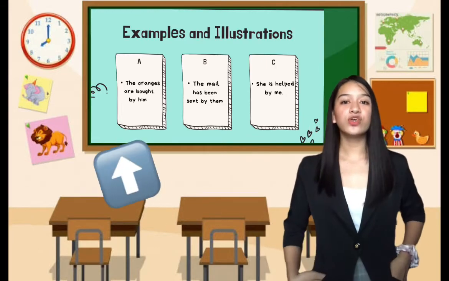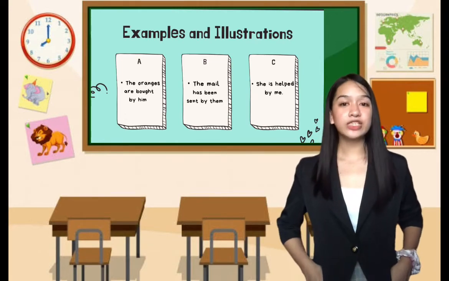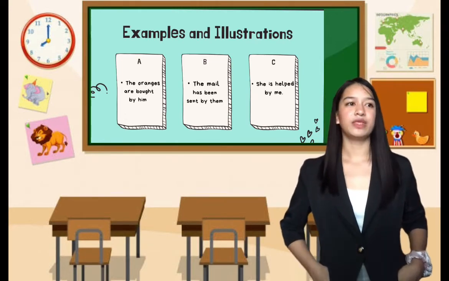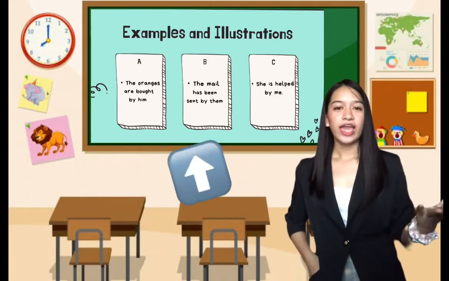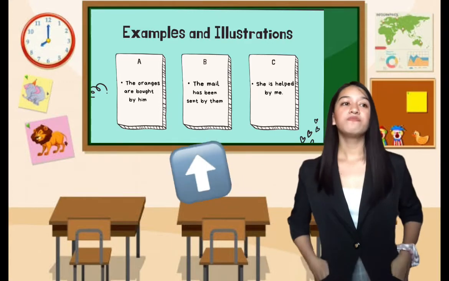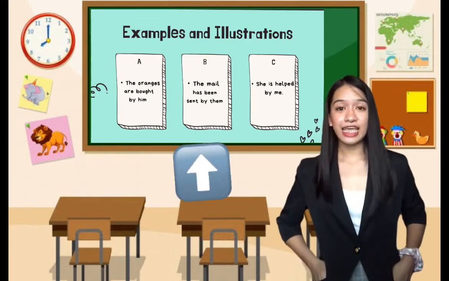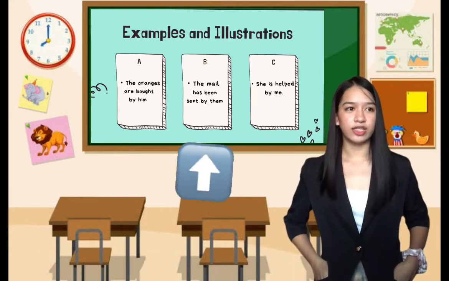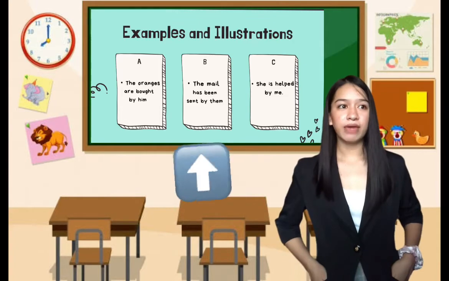Now we will proceed to our second example: The mail has been sent by them. In the example presented, we will see that them is the doer of the action, which is they sent the mail.